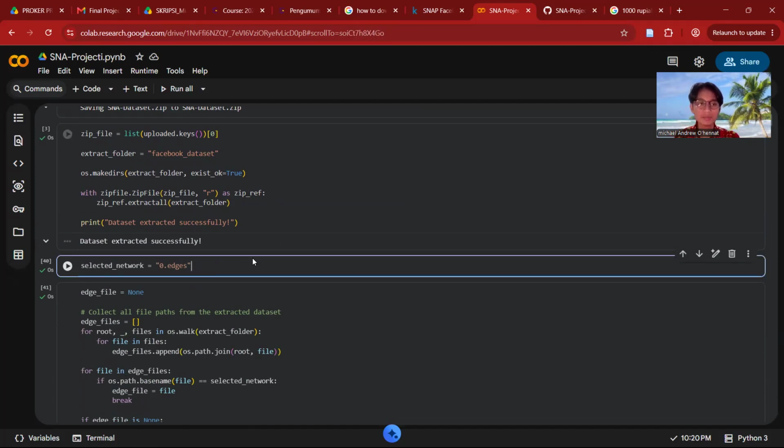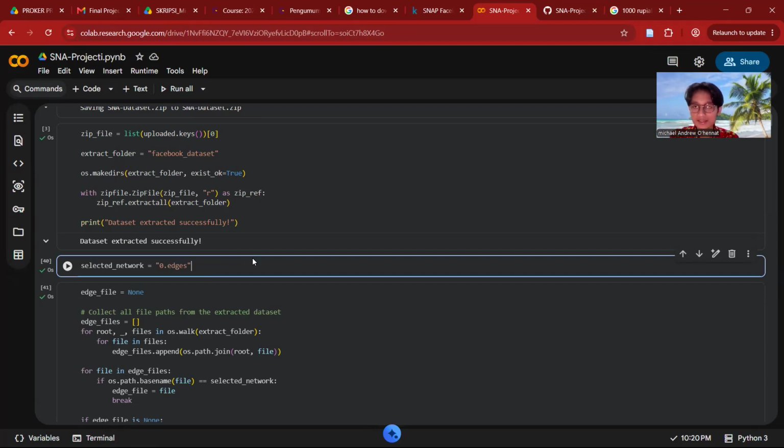Then I'm going to explain what this means. Selected network equals 0H. 0H means, or we can say, zero ego. Zero ego means there's an individual that we want to research.